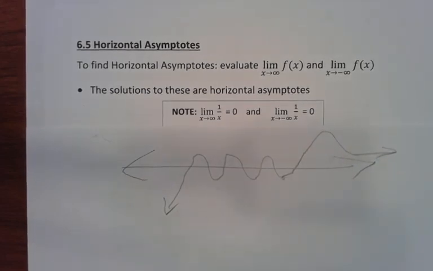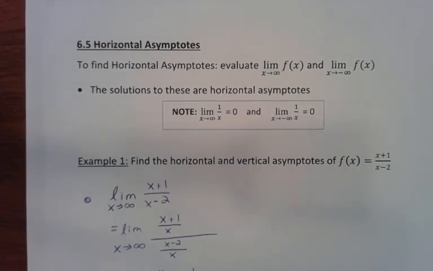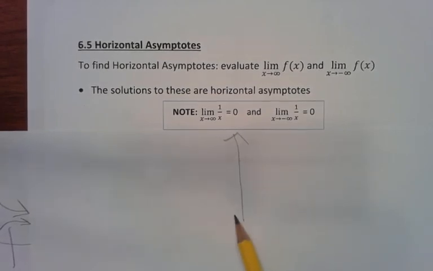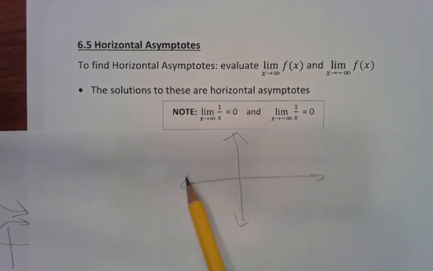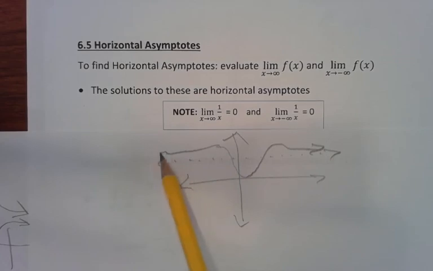You know what, let me do this again here. If we were to have a function, I'm going to draw a Cartesian plane. If we had a horizontal asymptote, it is possible for the function to cross it, but when we get to the infinities, it evens out.